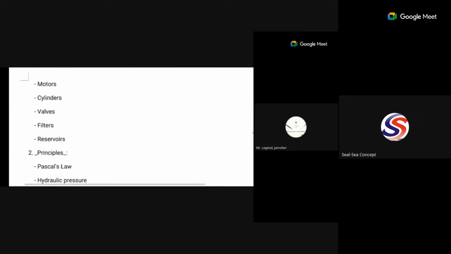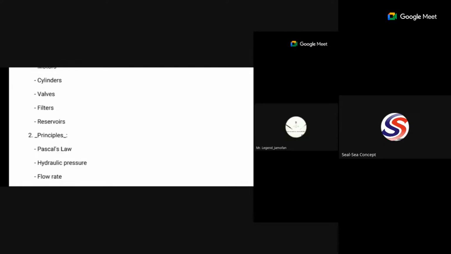We have the filters. I explained some of these in the second class, talking about how your oil shouldn't be contaminated. So we have filters that can filter some of the contamination. In most cases, when you're performing maintenance, you have to check the filters to know if there is clogging already. It's like your gutter.